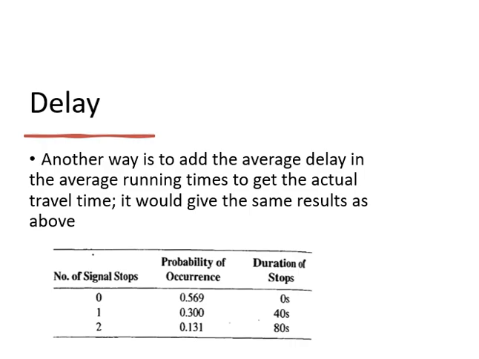So there is a 56.9% chance, if you are calculating the percentage of chance. So 56.9% of the vehicles, when they pass, don't stop at any signal. Both signals are green for them. 30% of the vehicles stop at least one of them, any one.